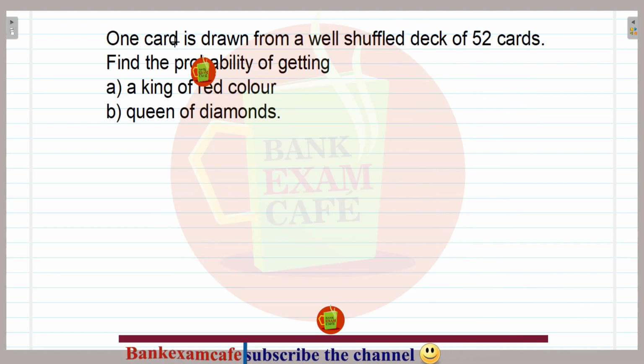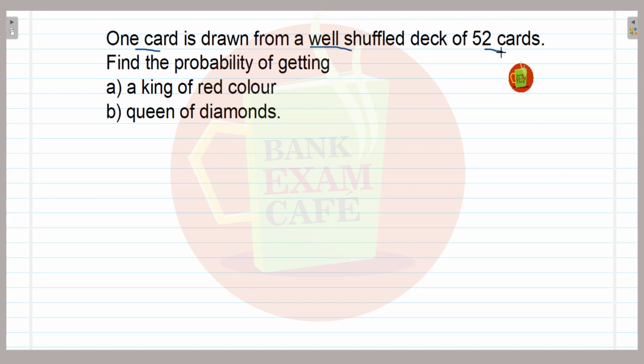Now here is the next question. One card is drawn from a well shuffled deck of 52 cards. Find the probability of getting a king of red color and a queen of diamonds. There are two questions.